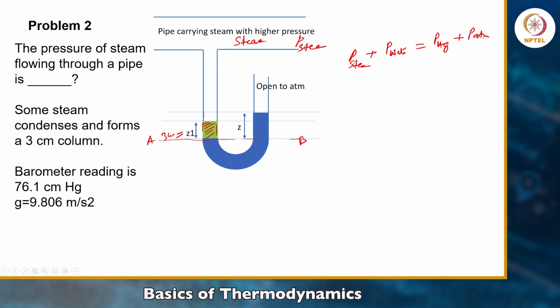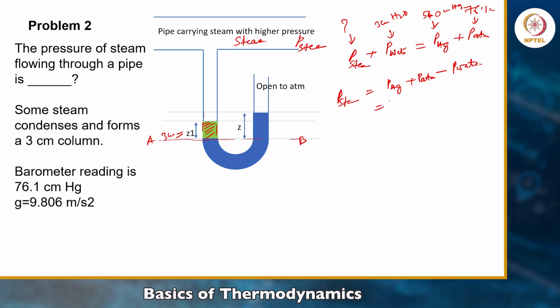Okay, now barometer reading 76.1 centimeter. Here mercury is given, this height is not given, so just you assume maybe 540 centimeter Hg, and water is 3 centimeter H2O. P steam we don't know. Now P steam equals P Hg plus P atm minus P water.